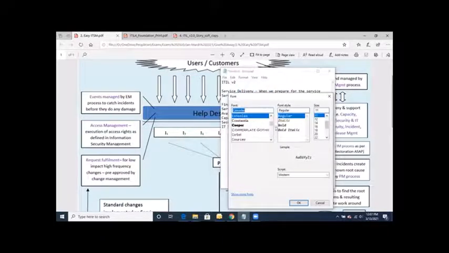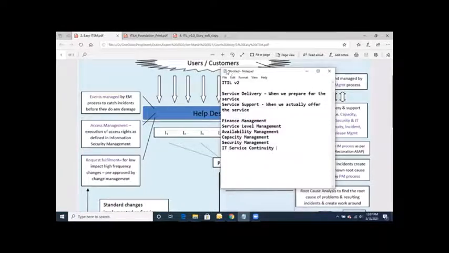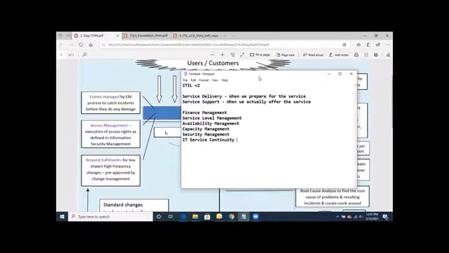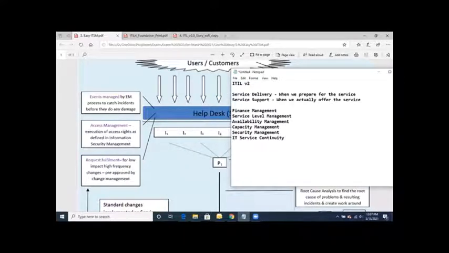And what we'll do is move ahead with the next one. So now when you give the service to the customer, the customer starts using the service. So that is your service support. Service delivery is these six processes.